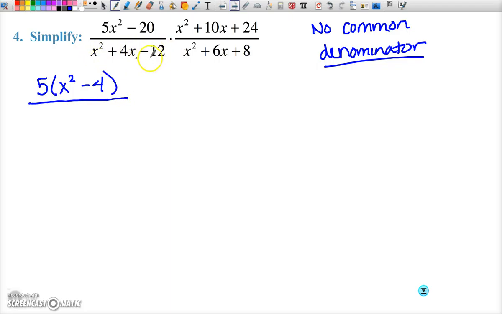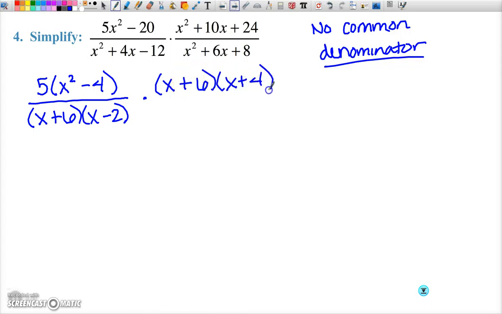Now down here, I'm just going to factor it right into x plus 6, and x minus 2. Over here, I'm going to just factor that right into x plus 6 times x plus 4. And over here, I am going to factor that into x plus 4 times x plus 2.